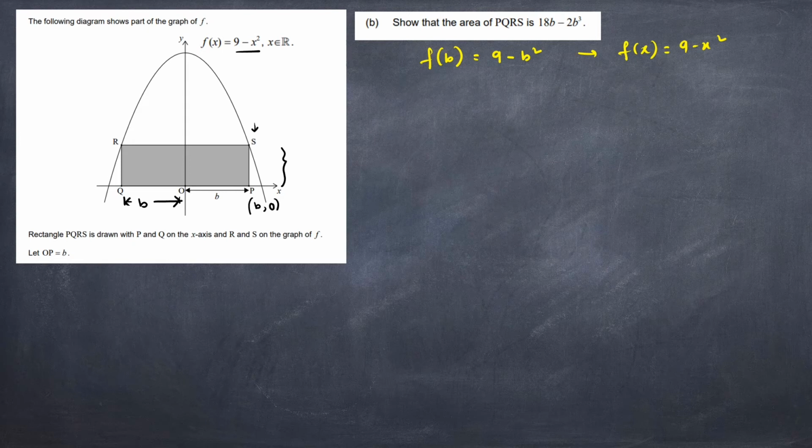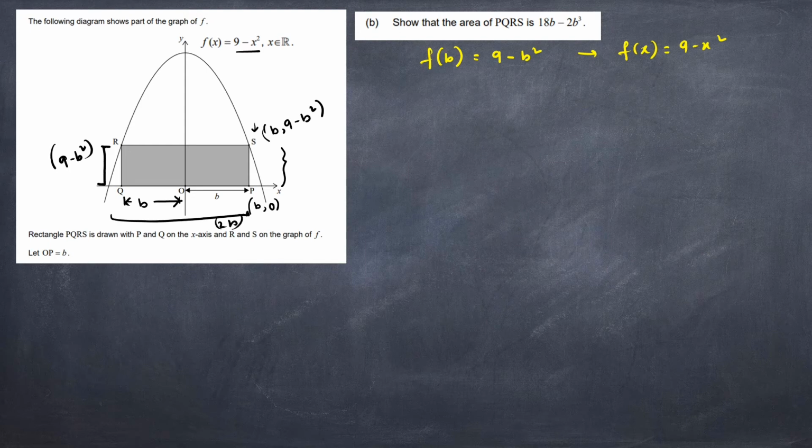So the coordinates of S are B comma 9 minus B square. This height is 9 minus B square, and the complete distance from Q to P is 2B.